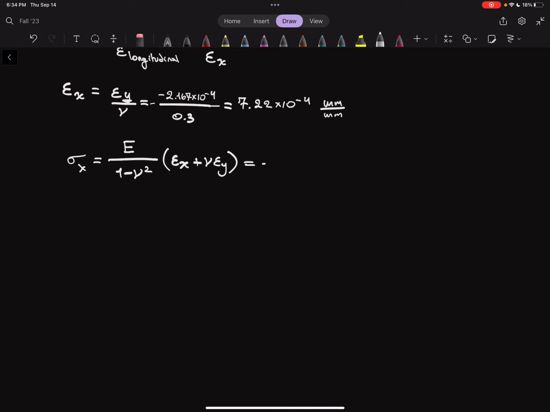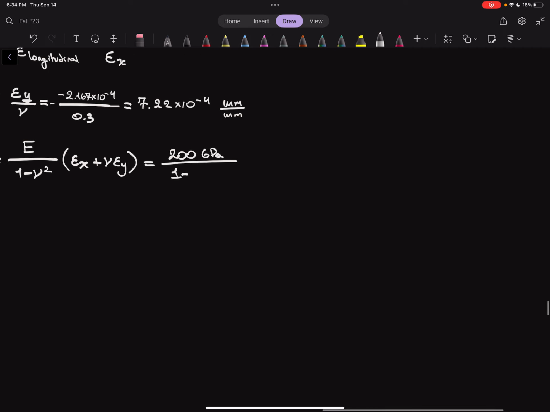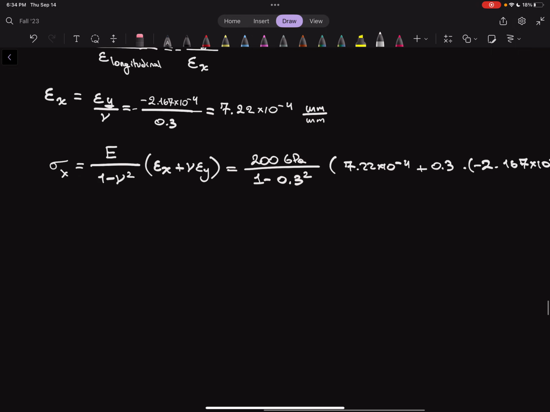So this is going to be 200 gigapascals over 1 minus 0.3 squared, times 7.22 times 10 to the negative 4 plus 0.3 times minus 2.167 times 10 to the negative 4. We close all of that.